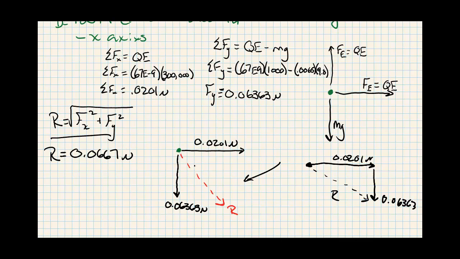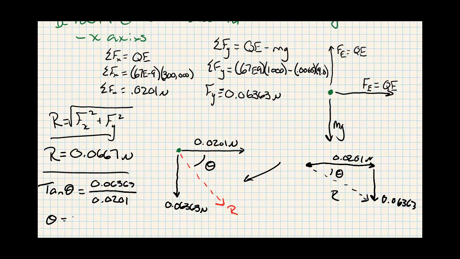At some angle, because we're worried about the direction, we need this angle in here. Well, if we want this angle, we can do tangent. Tangent of theta is going to be the opposite, which is 0.06363 over 0.0201.